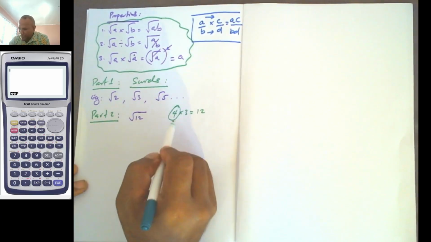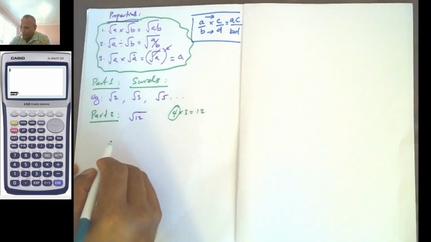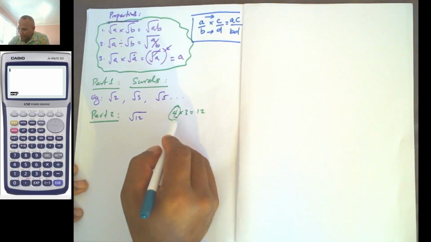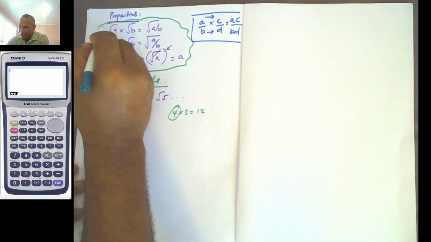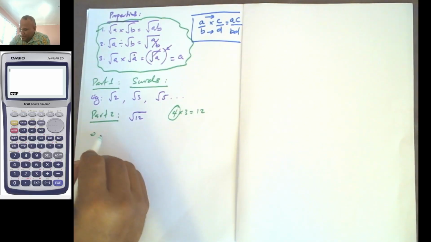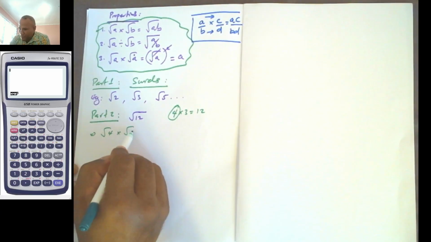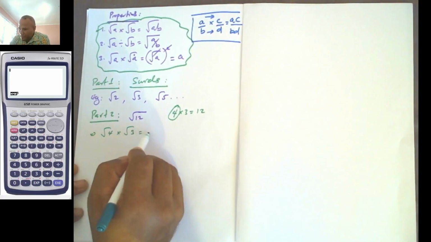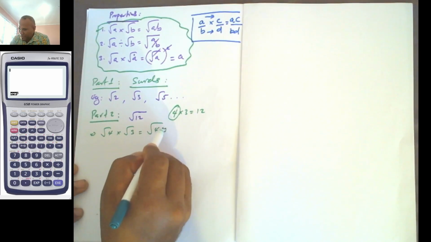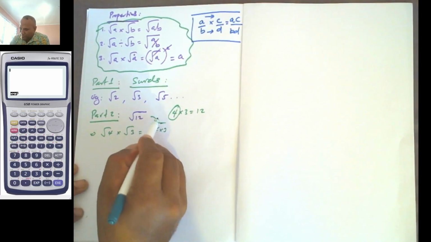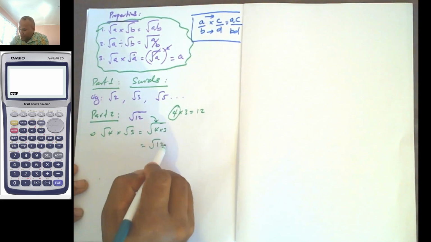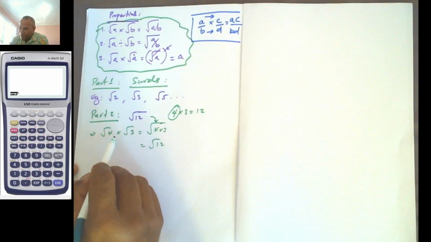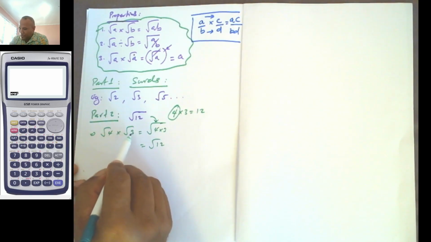So I'll use this formula: the square root of 4 times the square root of 3 is equal to the square root of 4 times 3, which is 12. So the square root of 12 is equal to the square root of 4 times the square root of 3.